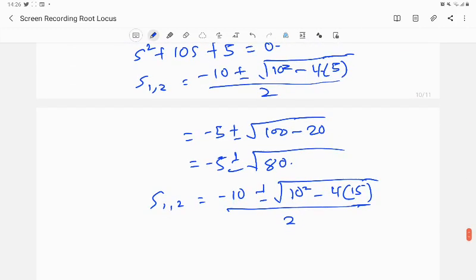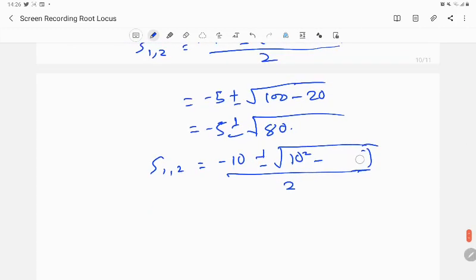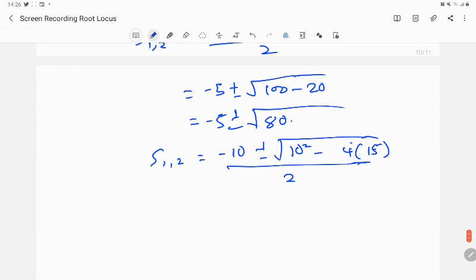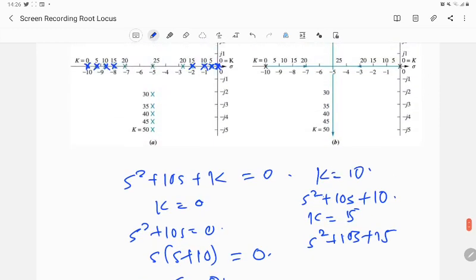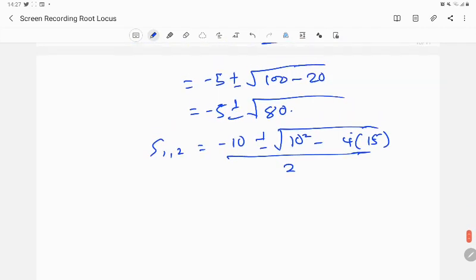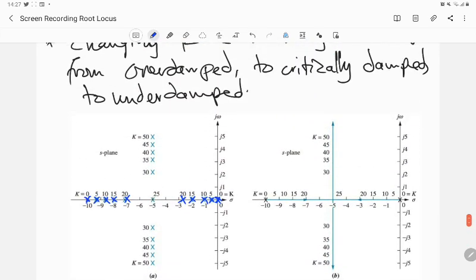So you keep evaluating these values, and then you find it for when k equals 20.